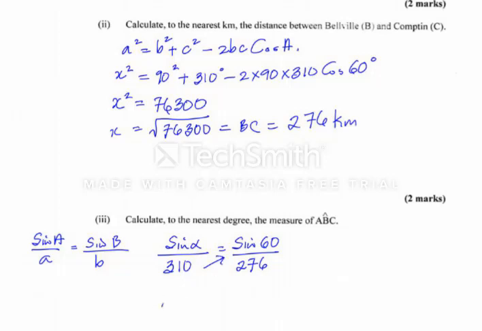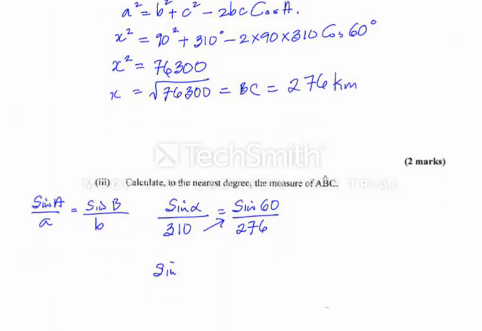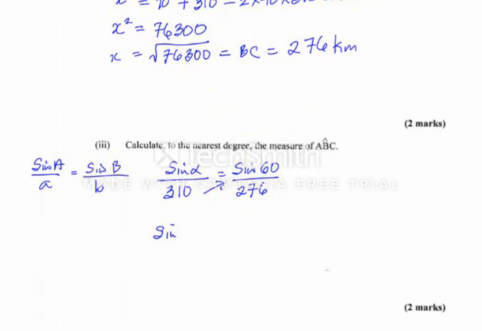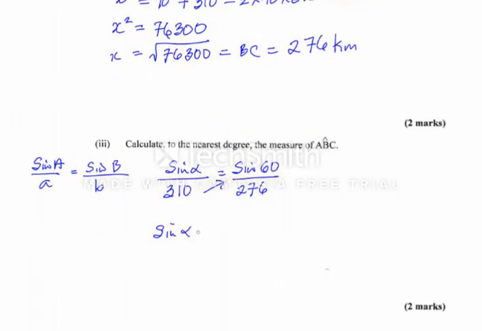We're going to get sine alpha would be equal to 310 sine 60 divided by 276. All right, so sine alpha.